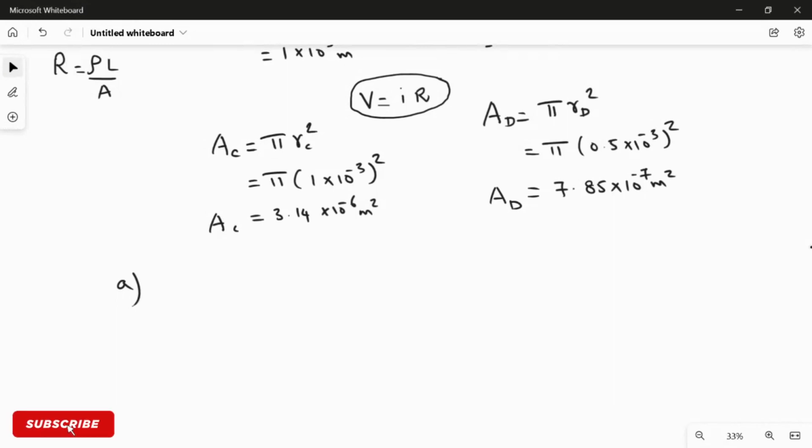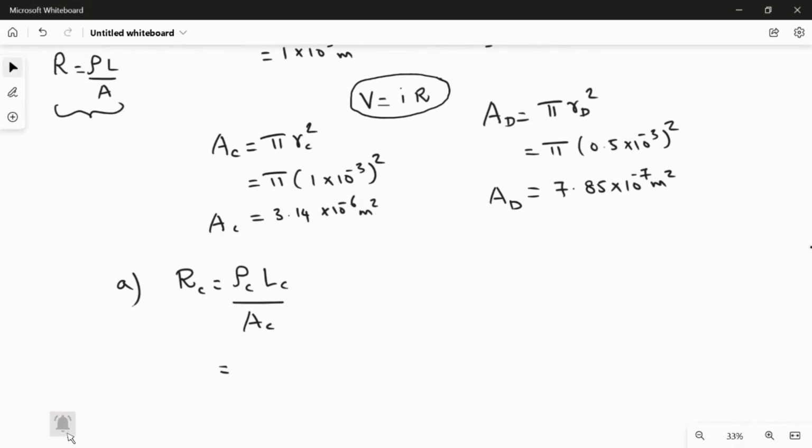So for finding the answer for the first question, first of all, I'm going to calculate the resistance. Therefore, the resistance of the wire C is equal to the resistivity of the wire C multiplied by the length of the wire C divided by the cross-sectional area of the wire C. So resistivity value and the length value are already given.